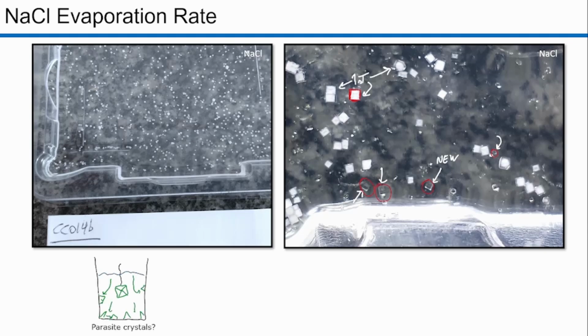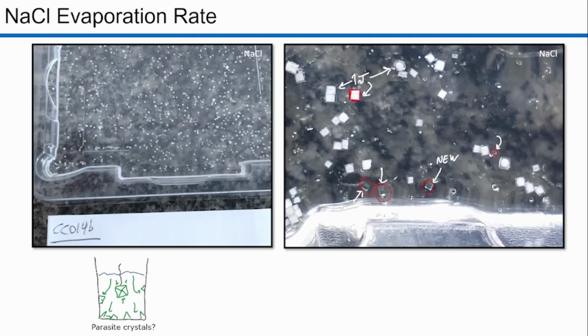So this brings us to the discussion of the so-called parasite crystals. For a long time in the community, I've seen people talking about how other crystals in the solution are bad for your crystal growth because they suck up the incoming atoms that should go to your crystal, so your crystal grows slower.